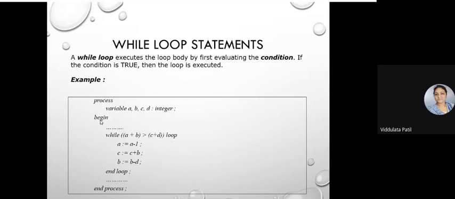आता याच्या नंतरच्या केस मध्ये परत काय होणार आहे, जर A plus B ची व्हॅल्यू ग्रेटर दॅन C plus D असेल.